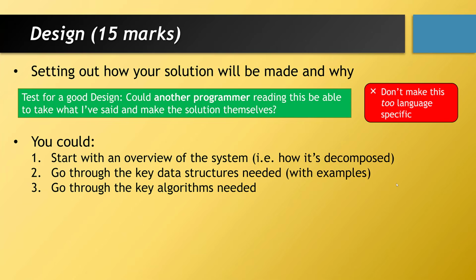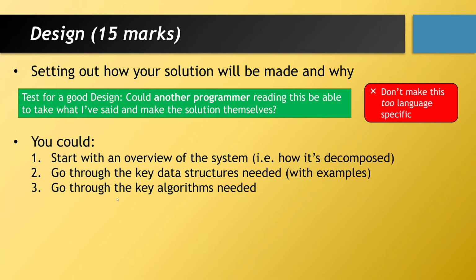Then, after you've gone through all your data structures, that might include your database actually, you would ideally then go through your key algorithms needed. Now, if you've picked a bad project, you might not really have any algorithms at this point, and so it's going to cost you marks. It's why I spent all that time talking about what is substantial and not. If it's substantial, you've got hopefully a few different algorithms you can go through.